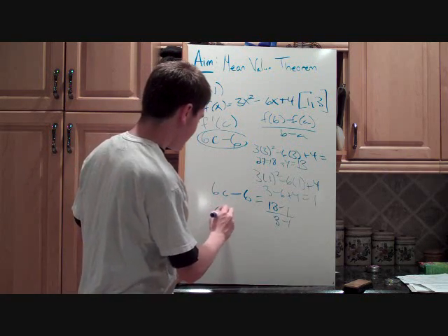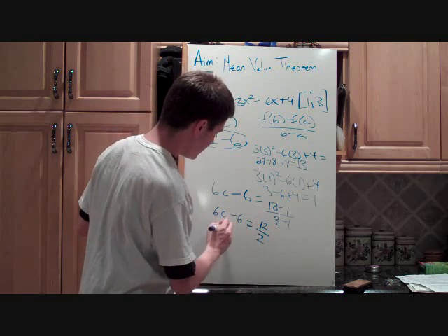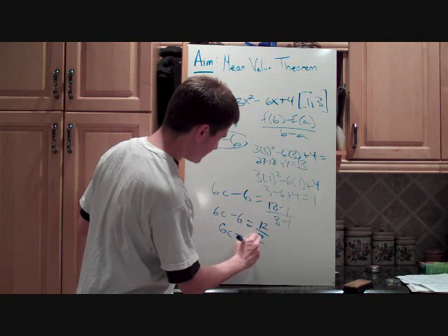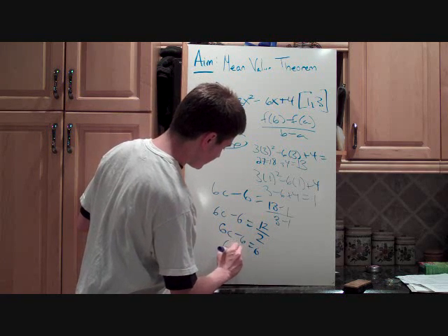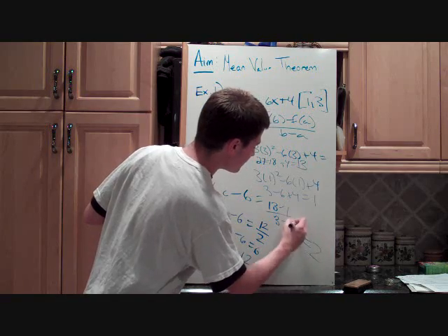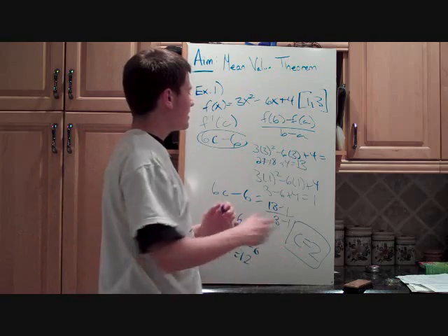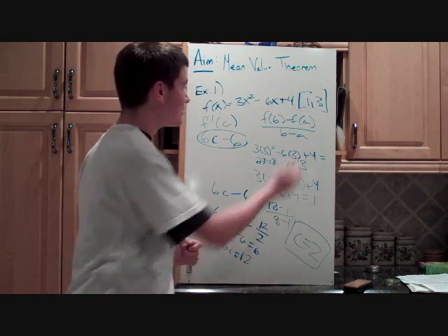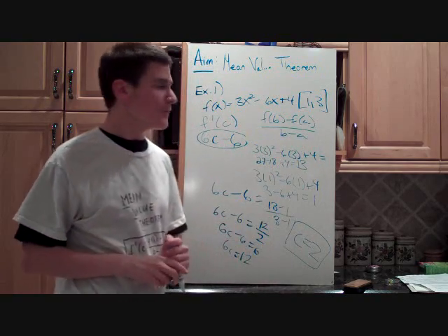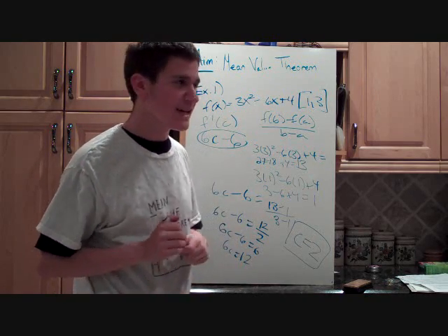So we get 6c minus 6 is equal to 12 over 2. 6c minus 6 is equal to 6. 6c equals 12. We get that c is equal to 2. That is a great answer because c equals 2 is between 1 and 3, and that is where the slope of the tangent line is equal to the slope of the secant line.